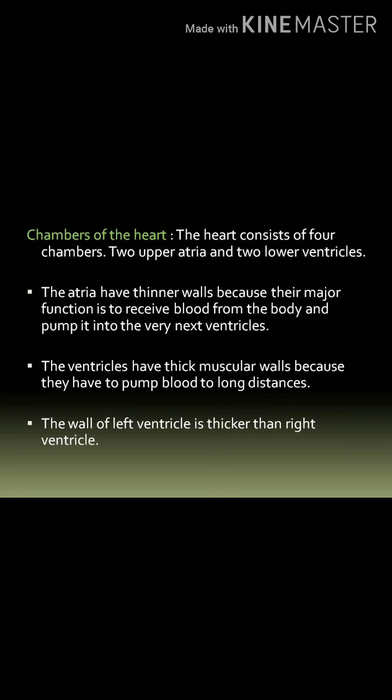Here both ventricles have to pump the blood against gravity. When they pump the blood against gravity, they produce more pressure. Under that pressure, the wall may break. For that purpose, the ventricles have thick muscular walls, because they pump the blood against gravity.